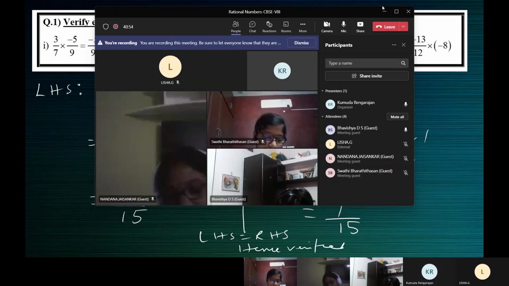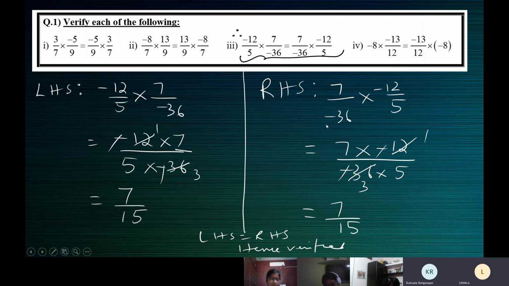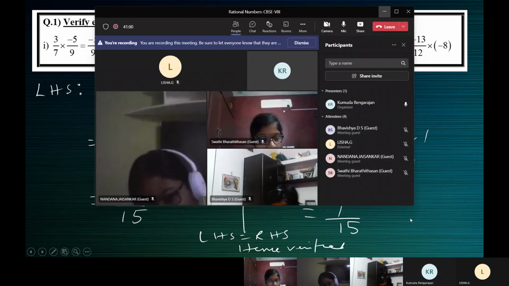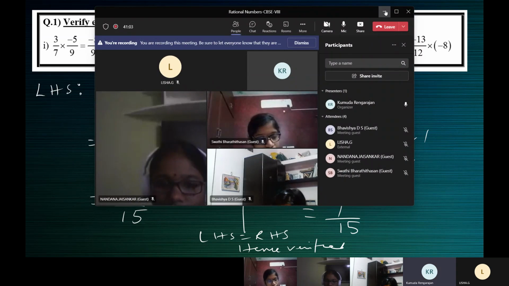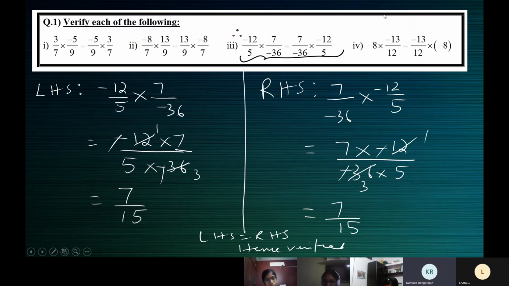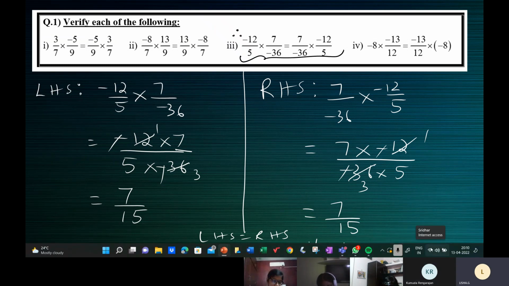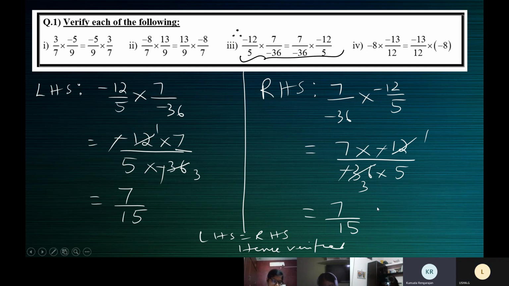Okay. Now, Danya? Ma'am, now only I'm visible, ma'am. No, when that happens, you just have to leave the meeting and join again. So do that quickly. Ma'am, sometimes it's visible, ma'am, now. Yeah, it's visible.